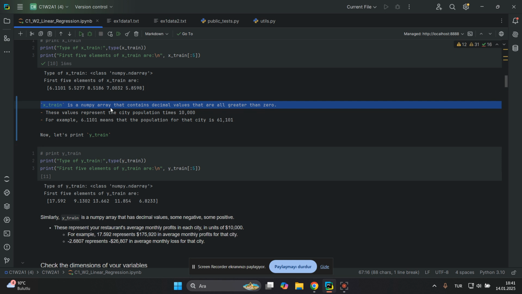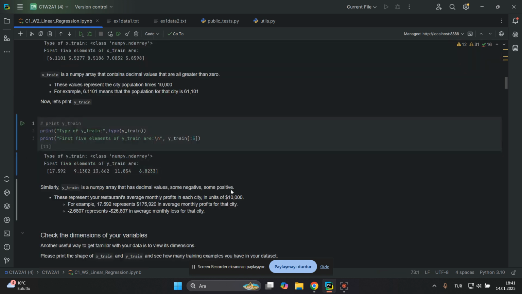For example, 6.1 means the population for this city is 61,000. Similarly, Y-train is a NumPy array that has some decimal values, some negative, some positive. Actually, there are no negative ones right here.